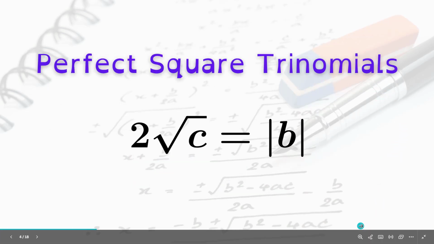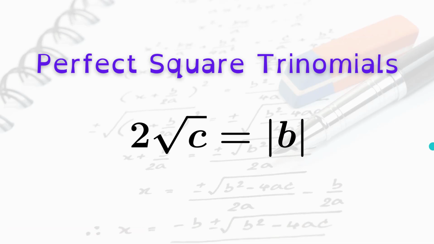And so you know you have a perfect square trinomial if you remember going back to putting it in ax squared plus bx plus c equals 0. If the square root of c times 2 is equal to your middle number, then it's a perfect square trinomial.